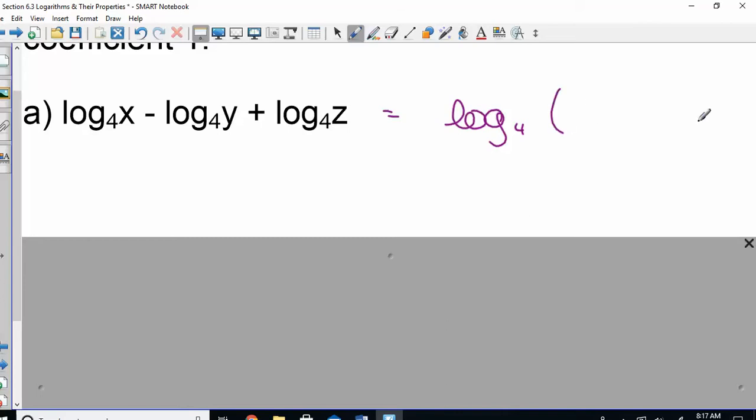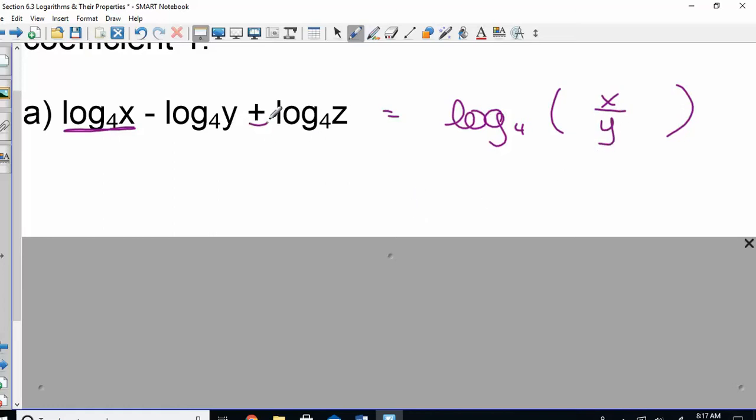And then we just have to figure out what we're doing the log of. Anything that's positive goes on top, anything that's negative goes on the bottom. So this log base 4 of x, that was positive, so it's on the top. Minus log base 4 of y, so y goes on the bottom.